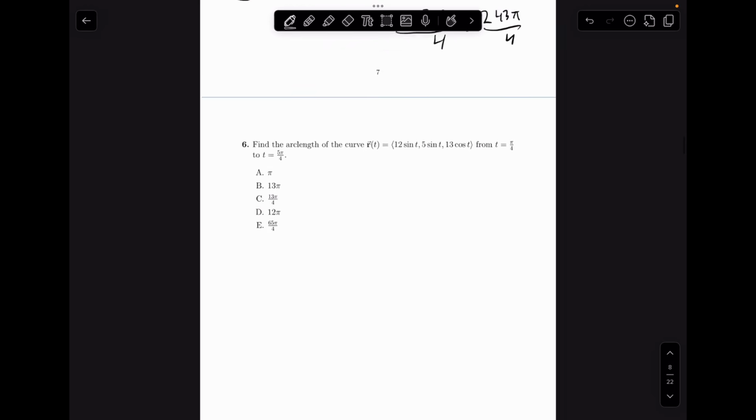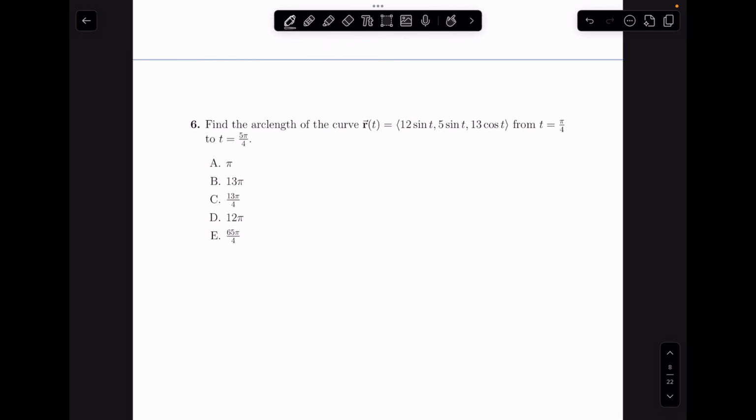Question 6, find the arc length of the curve r of t equals 12 sine t, 5 sine t, 13 cos t, from t equals pi over 4 to t equals 5 pi over 4. So we know arc length is going to be equal to the integral from pi over 4 to 5 pi over 4 of the magnitude of r prime of t dt.